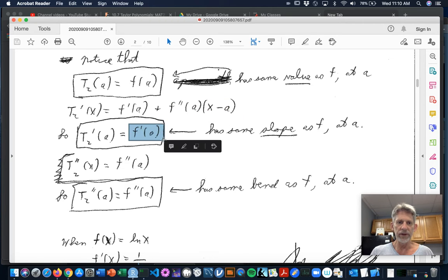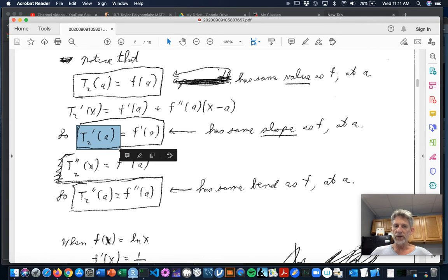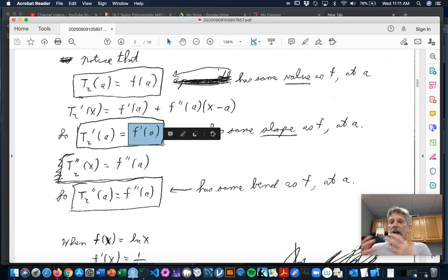So you'll only be left with f prime of a. So that's saying that the slope of the polynomial at x equal a is the slope of the f at x equal a. So not only does the polynomial have the same value, it has the same slope at a.